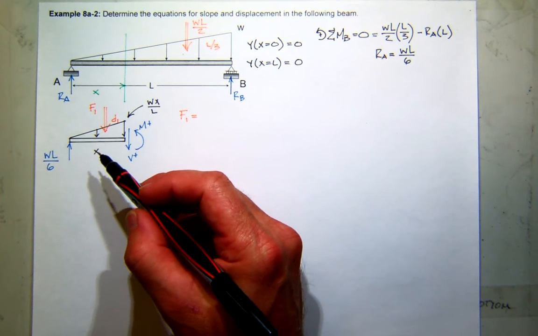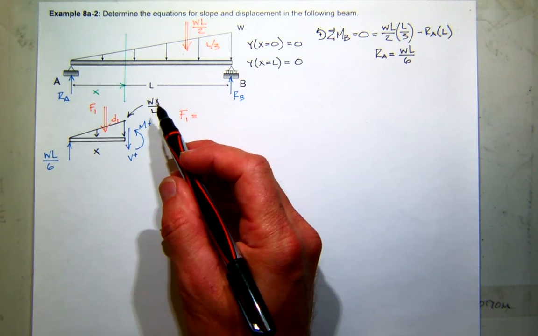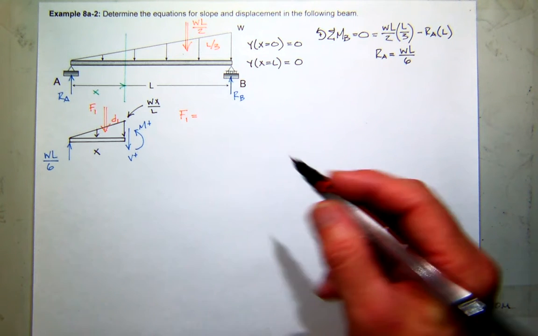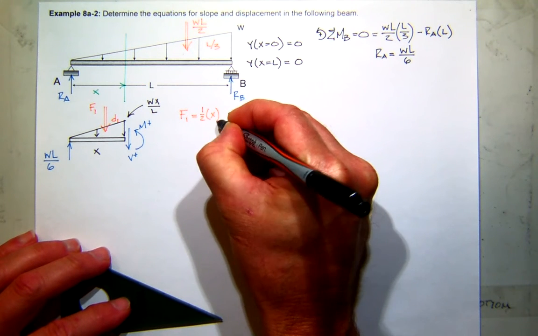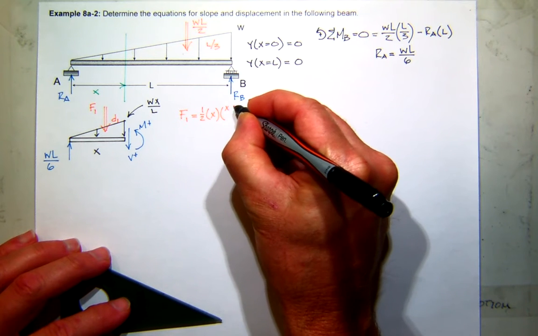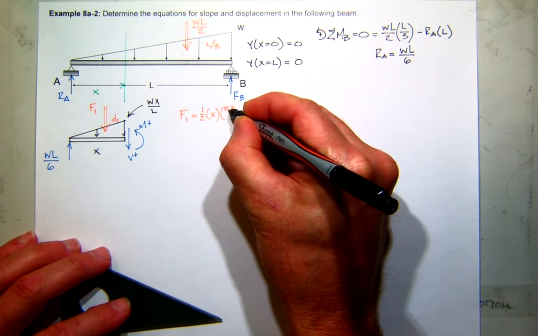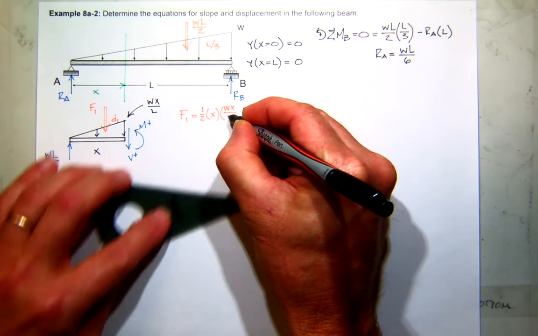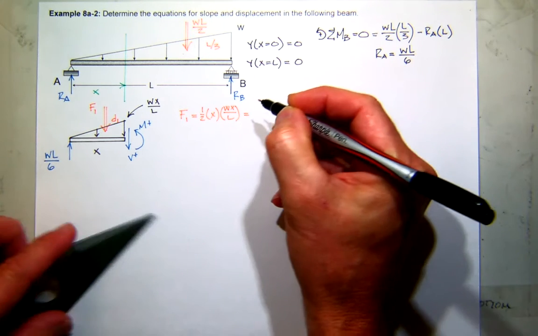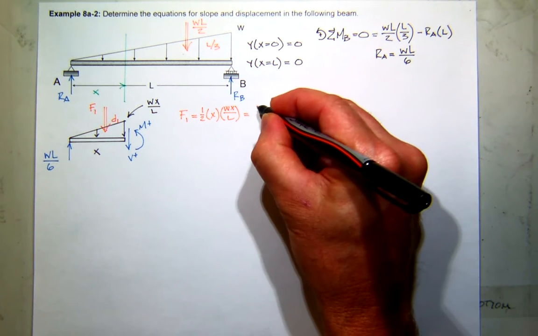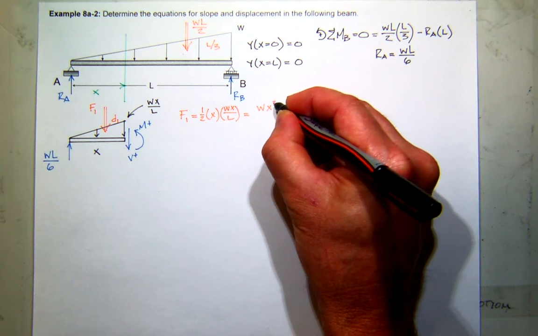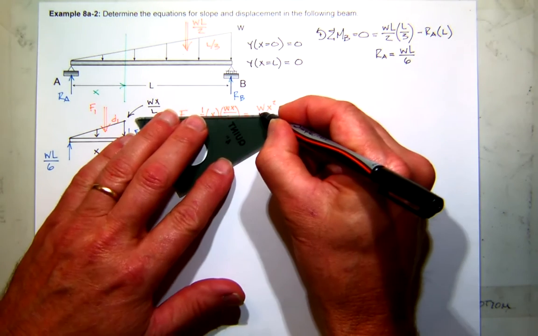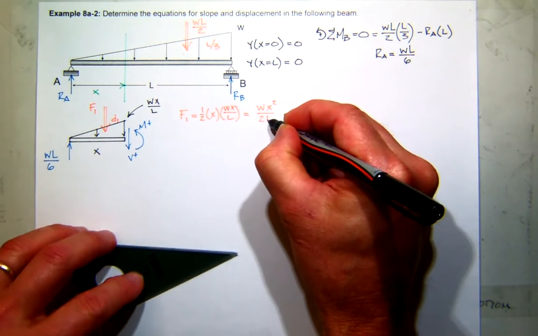So 1/2 base x times height Wx over L. So that gives me Wx squared over 2L.